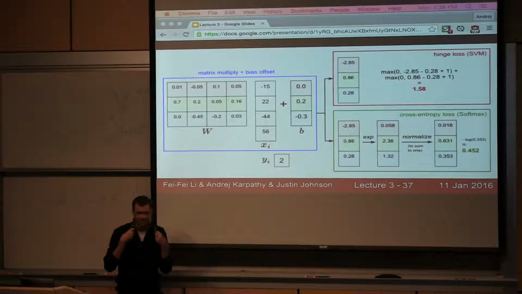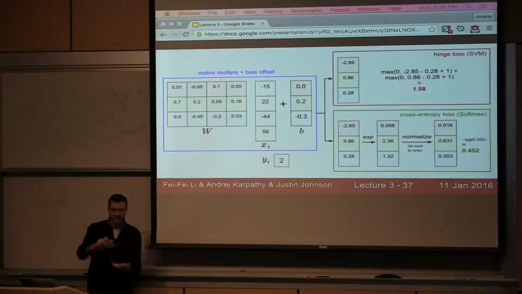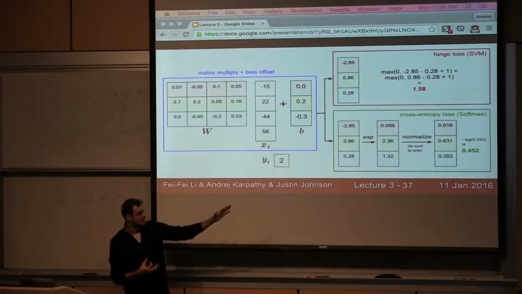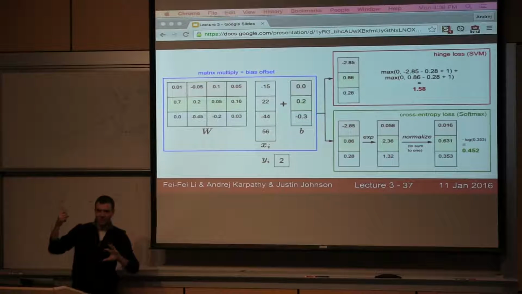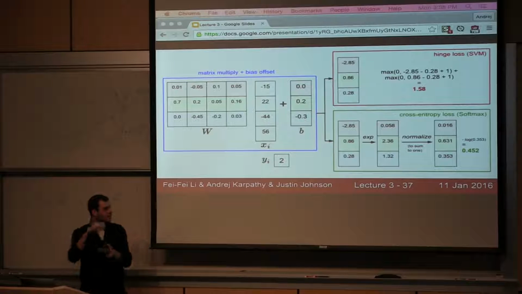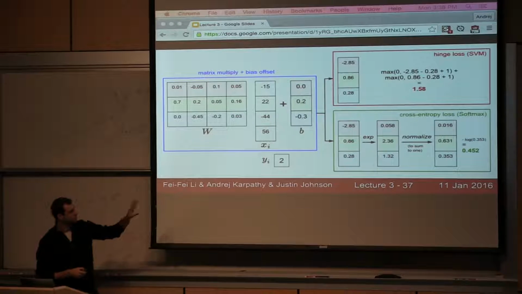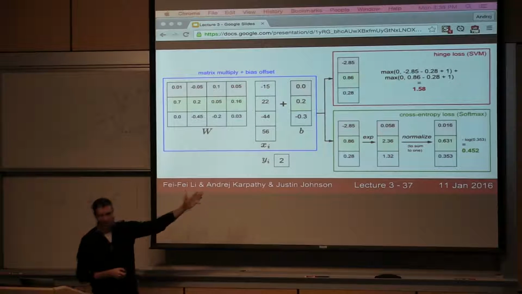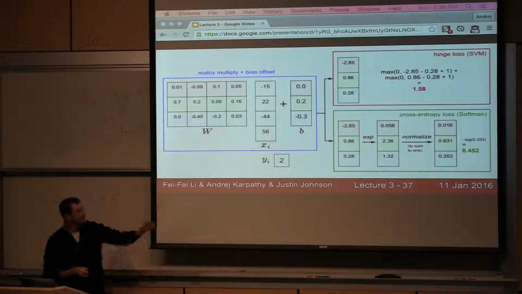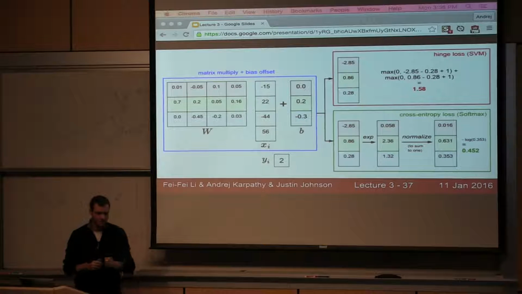Or we interpret them as unnormalized log probabilities. Then in this framework, we first get the probabilities, and then we want to maximize the probability of the correct classes, or the log of them. That ends up giving us the loss function for softmax. So they start off the same way, but they end up with slightly different results. We'll go into exactly what the differences are in a bit. Are there questions for now?